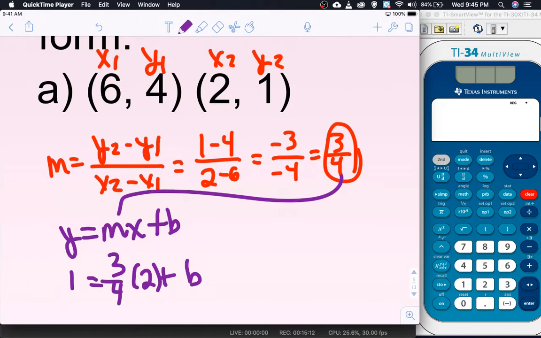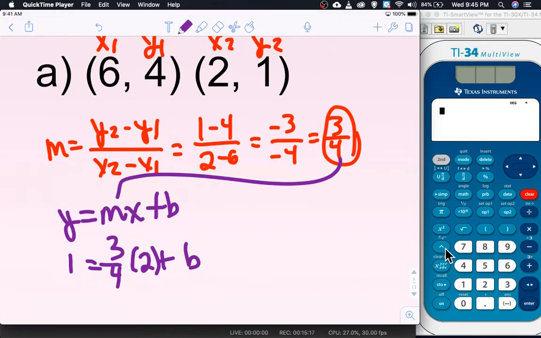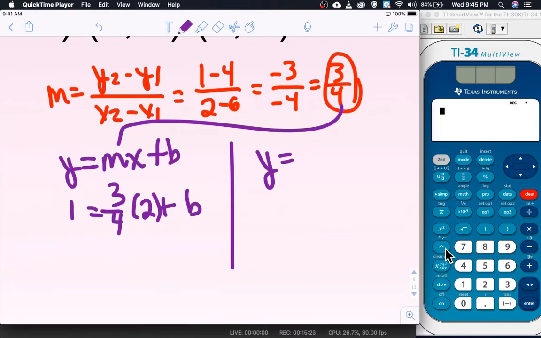And now, if I solve this new equation and I find b, that's my y-intercept, and I can finally finish this problem. So let's see. 3/4 times 2 is 1.5. I'm going to subtract 1.5 on both sides.